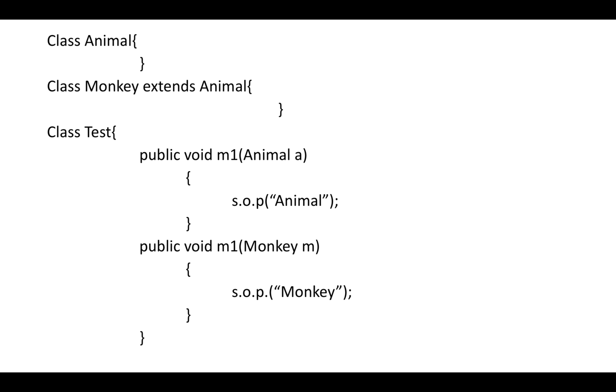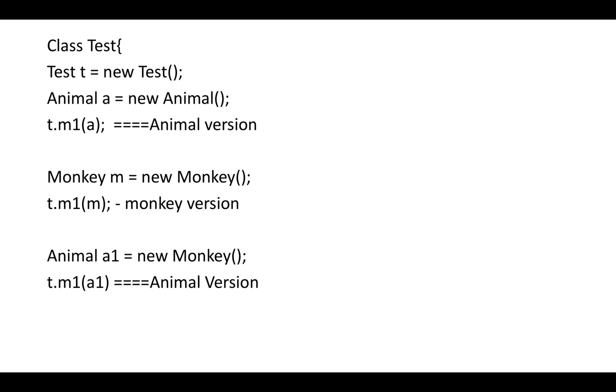Let me give another scenario. We have the class Animal, and a second class Monkey, which is the child class of Animal. In a Test class we have two methods with the same name. In the first method we have the Animal reference, and in the second method we have the Monkey reference. Whenever we pass an Animal reference to an Animal object, it simply executes the Animal version.